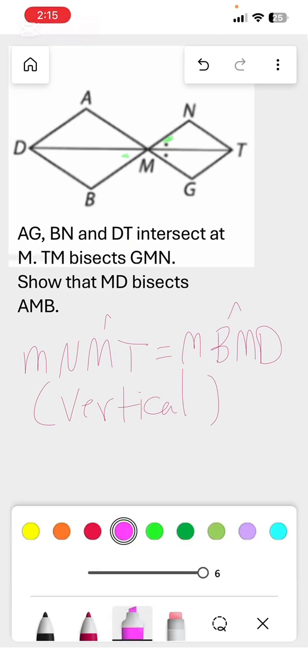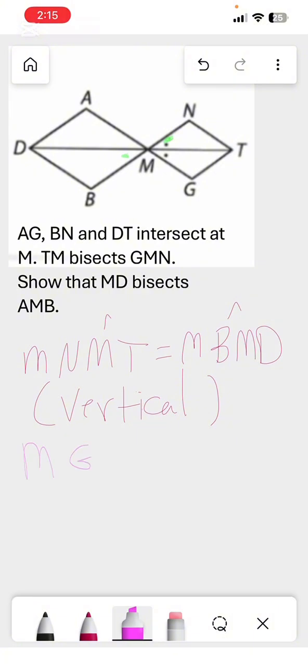And at the same time, the measurement of GMT is equal to the measurement of AMD. Why? Since they are also vertical angles. In the figure, GMT is this angle, and AMD or DMA is vertical to GMT or TMG, doesn't matter.